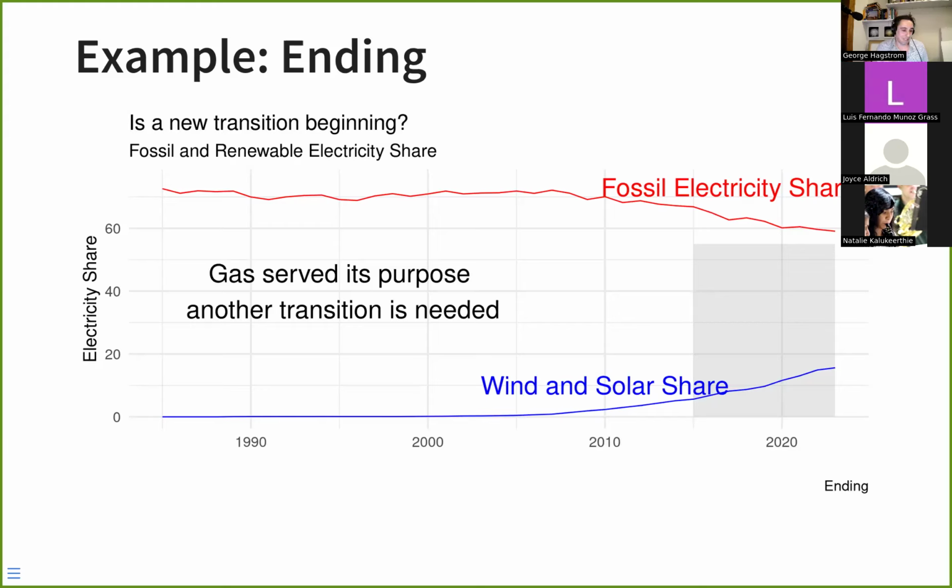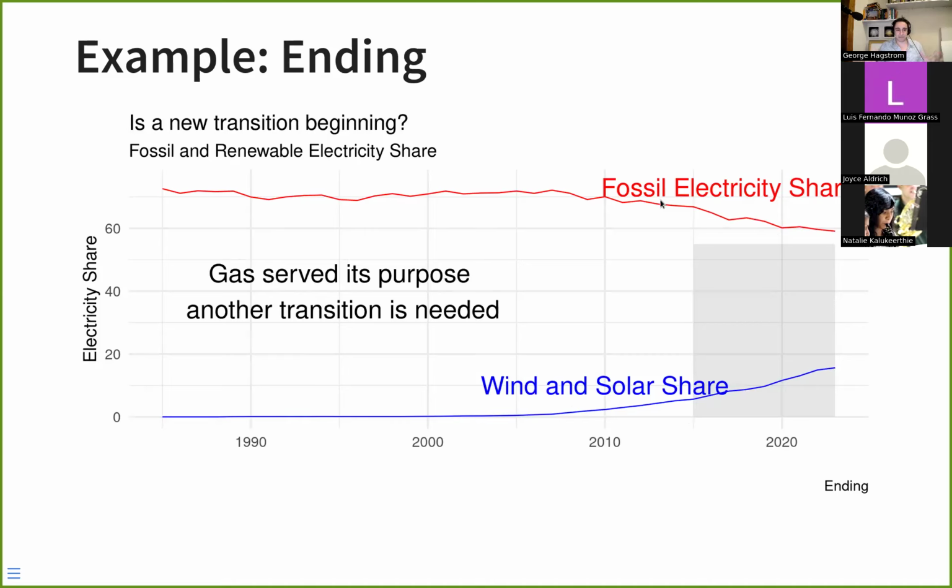Gas has served its purpose, and another transition is needed. And as you can see, maybe that transition is already beginning. So this is a plot of the share of wind and solar power. And as you can see, it's kind of low, but it's actually been picking up quite a lot in the last 10 years. And so it's possible that a new transition is beginning.